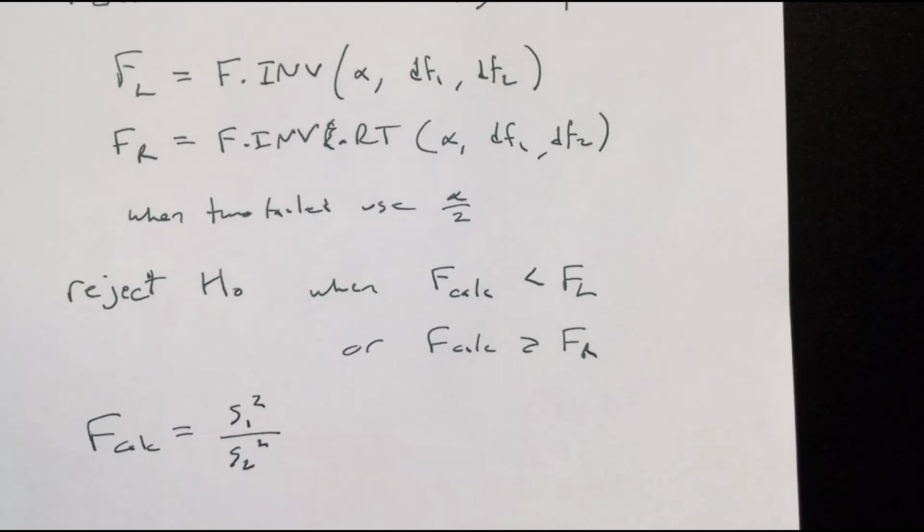All I have to do is know what the variance is for each individual group. Then divide those. This is why I like to think of the null hypothesis and the alternate hypothesis in terms of sigma 1 squared over sigma 2 squared, because then I don't have to remember something different for the calculated F value.